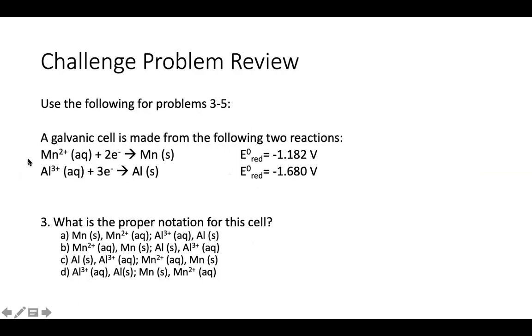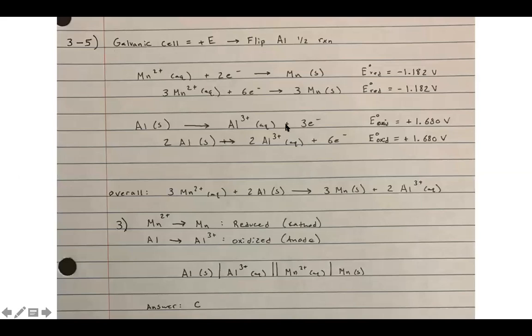And when we flip one of the half reactions, we're going to change the sign on E naught, right? And so we want to ask ourselves, which one of these numbers should we change the sign of so that when we add them together, we get a positive number? That leads me to recognize that it's going to be the aluminum equation that we need to flip.